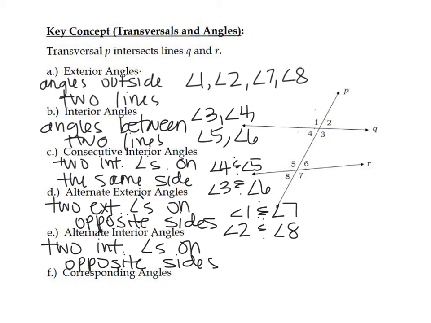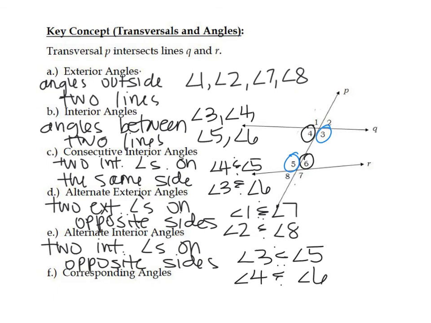So looking at our image, we have angle 4 and angle 6. And then our other pair would be angle 3 and angle 5.